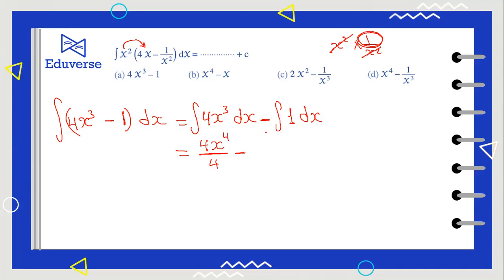So the integration of 1 is 1x. Plus a constant, don't forget the constant. Here, the 4 cancels with the 4. So x power 4 minus x plus c. In the example he writes c, and the answer is x power 4 minus x.